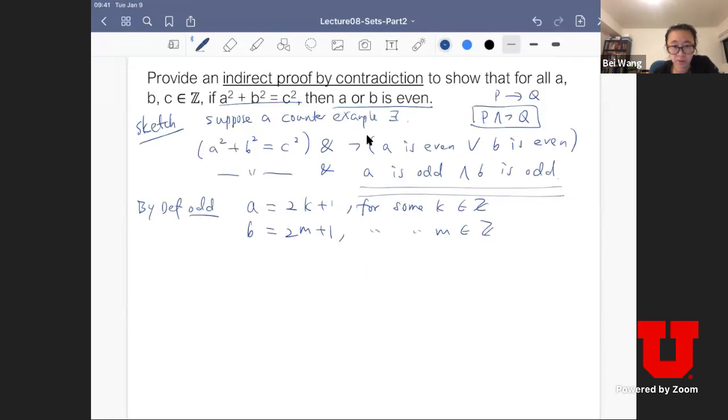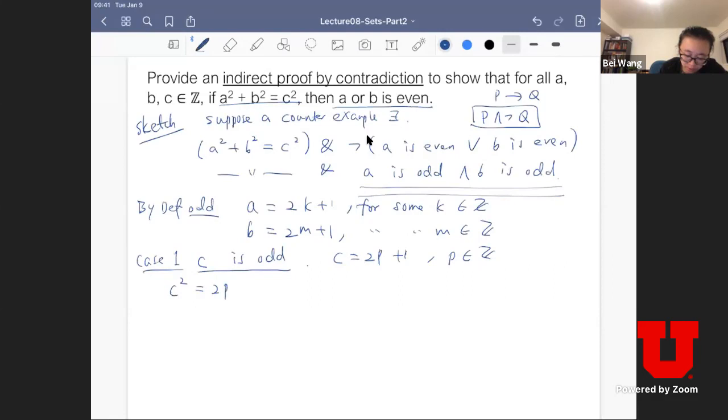First of all, it can be odd. So case number one is if c is odd. If we assume c is odd, that means c is equal to 2p plus 1 for some p. Then c squared is equal to (2p plus 1) squared, equal to 4p squared plus 4p plus 1.